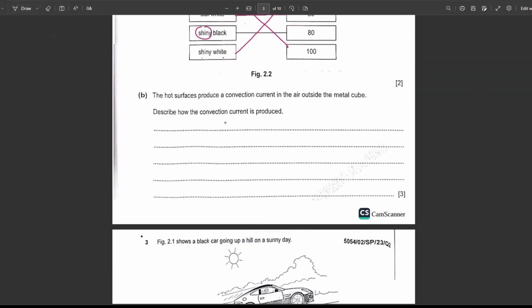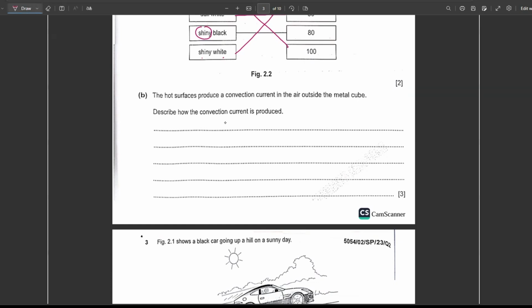The hot surface produces a convection current in the air outside the metal cube. Describe how convection current is produced. Now, this is so simple. I'm just writing it in a concise manner because we have done this same question so many times. What will we say? The hot, less dense air rises.